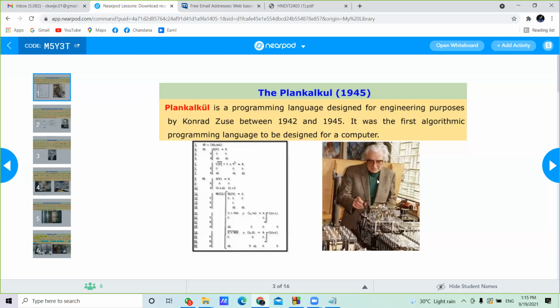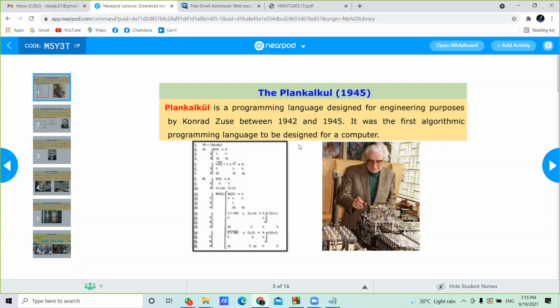Then you can take some short notes regarding these slides. Later, the slide will be available on your Edmodo account. Until then, if you want, you can take some short notes regarding these important points.